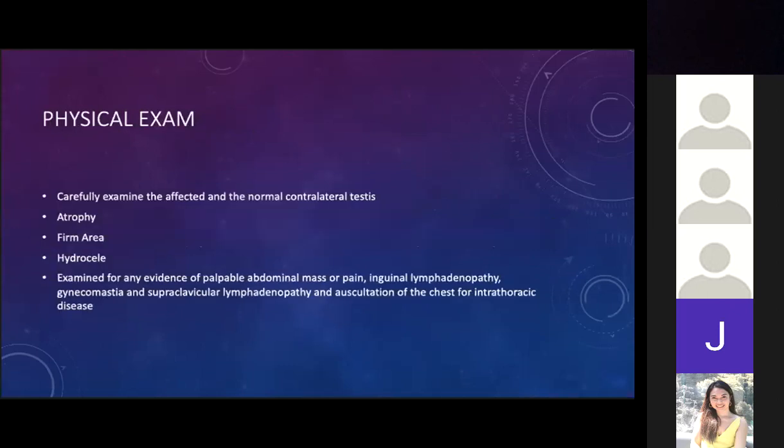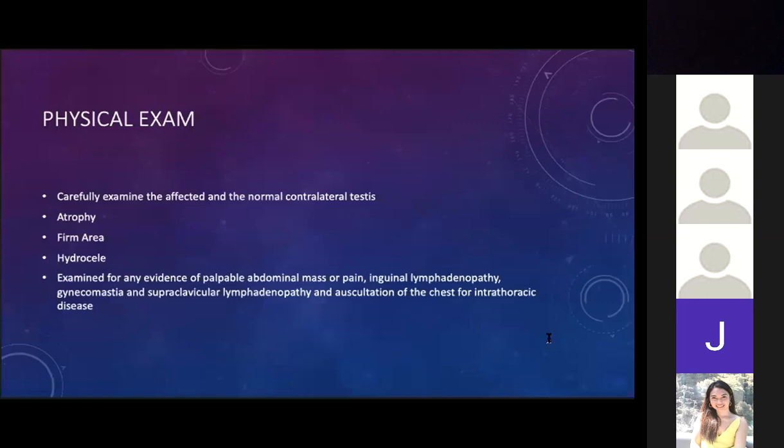For the physical exam, usually we have to carefully examine the affected and the normal contralateral testes, noting their relative size and consistency, and palpating for any testicular or extratesticular masses. Atrophy is common, particularly in patients with a history of cryptorchidism, and any firm area within the testis is considered suspicious for malignancy.